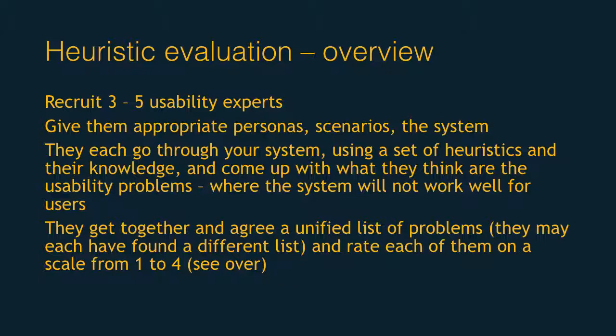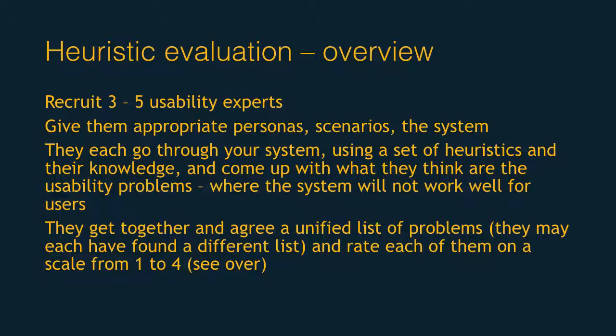So, what is it? In heuristic evaluation, you recruit 3 to 5 usability experts, and you give them not only your prototype system. I mean, you can do this early on with paper prototypes, low fidelity prototypes, or you can do it towards the end of the development when you've got a full working system before you go to a summative evaluation.